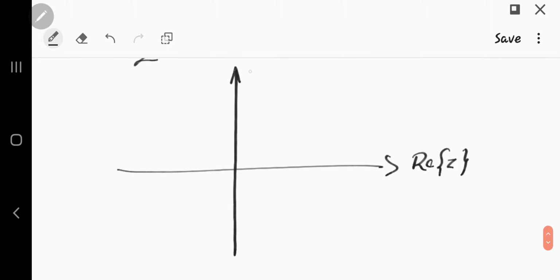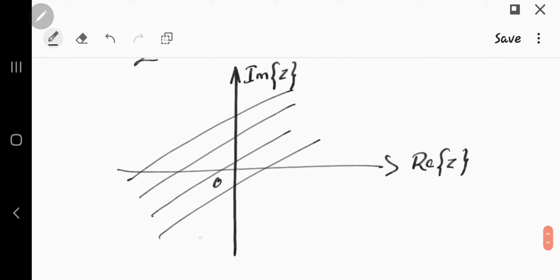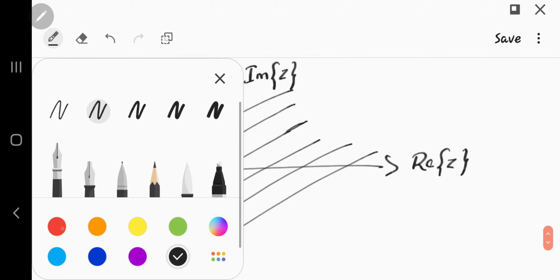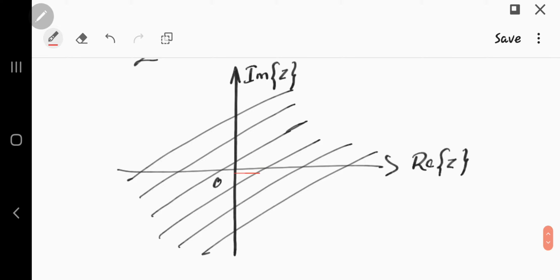Now if you plot this, it will be the entire z plane, and here we have zeros.